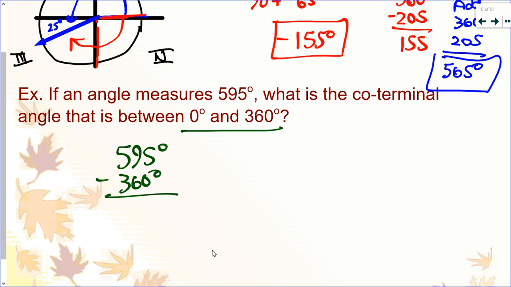It's kind of like when someone says, oh, I did the opposite that I thought I was going to do, I did a 360. Well, that's not doing the opposite, because if you do 360, you end up right where you started from. So if you take 595 minus 360, you know that angle is going to be 235 degrees. So if you add 360, if you subtract 360, all of those angles will be coterminal, because you're just rotating another time and getting to the same spot.